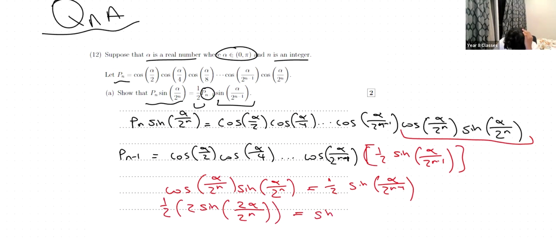Actually, no, wait, what am I doing? It should be like this, because then this is half times 2. Okay, yeah. So I'm basically just forcing this to look like a sine double angle. And from this, you get alpha on top, and then this becomes 2n minus 1. So I'm just absorbing this 2 down here.